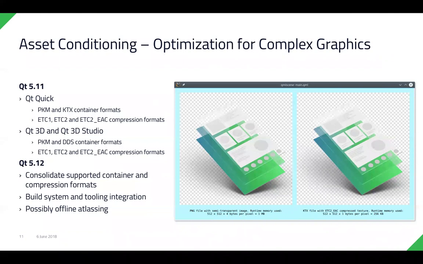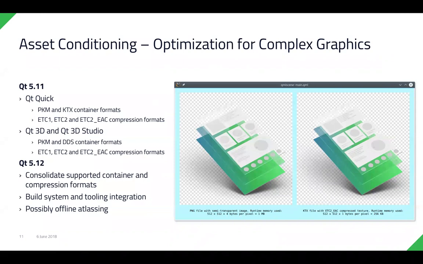With Qt 5.11, we are offering for Qt Quick 2 the container formats PKM and KTX, and a couple of compression formats. And then for Qt 3D and 3D Studio, we also have the same compression formats and slightly differing containers. The intention is that towards 5.12, we will consolidate the container and compression formats so that it's easier to use the same formats for the assets across the different Qt UI options.